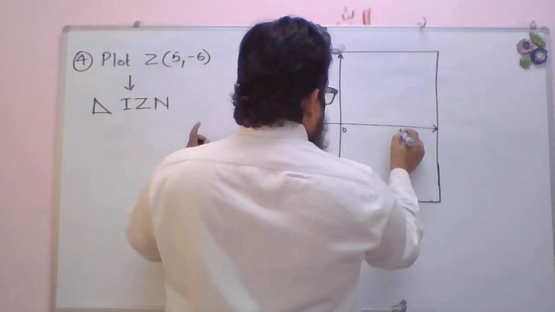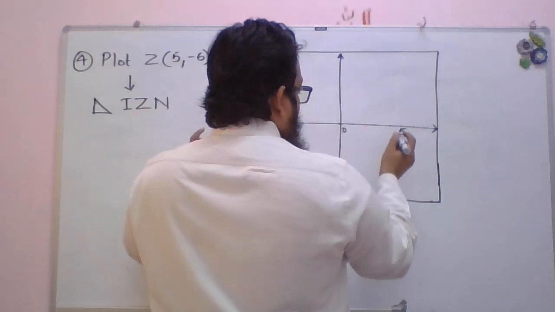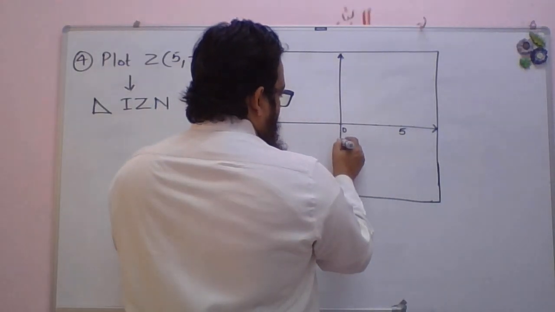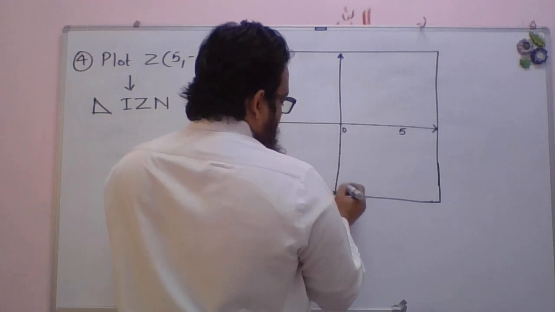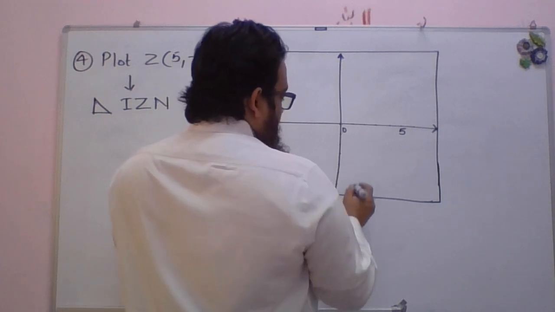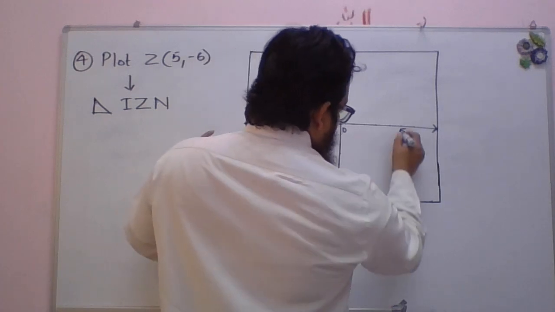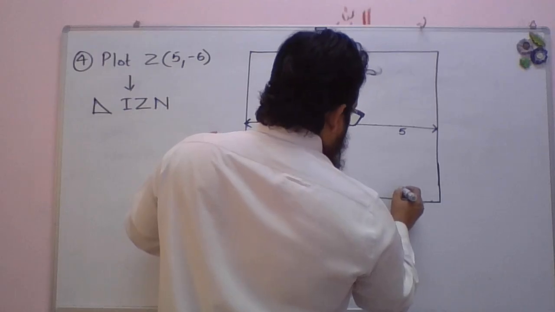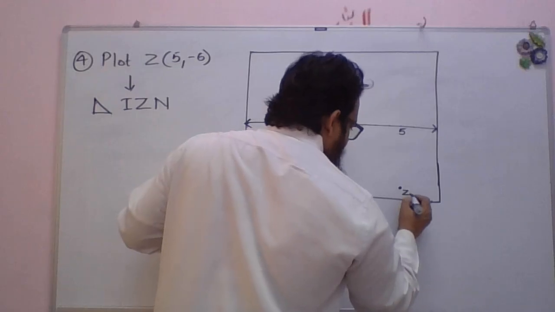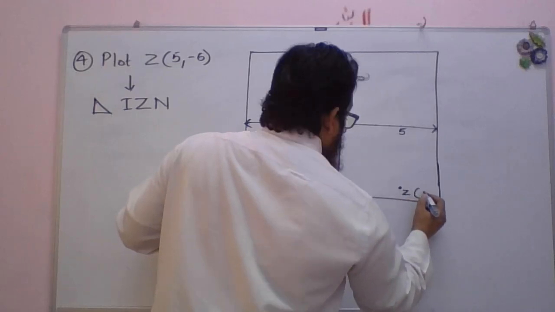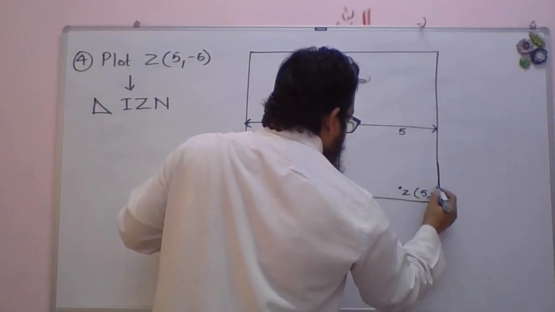Since it is 5, I will note it down, 5 and minus 6. So 1 2 3 4 5 6, so this is minus 6. Where are these two intersecting? Yes, so this is the point Z, which is 5 comma minus 6.